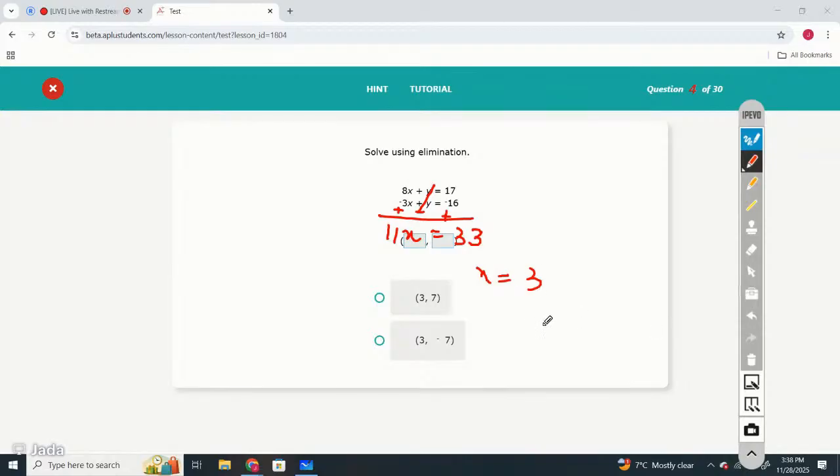Now you can substitute x equals 3 in any of the equations. So then y is equal to negative 16 plus 9. So y is equal to negative 7.